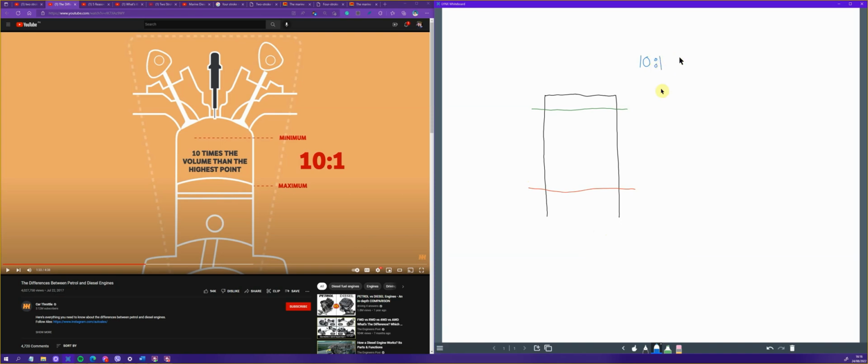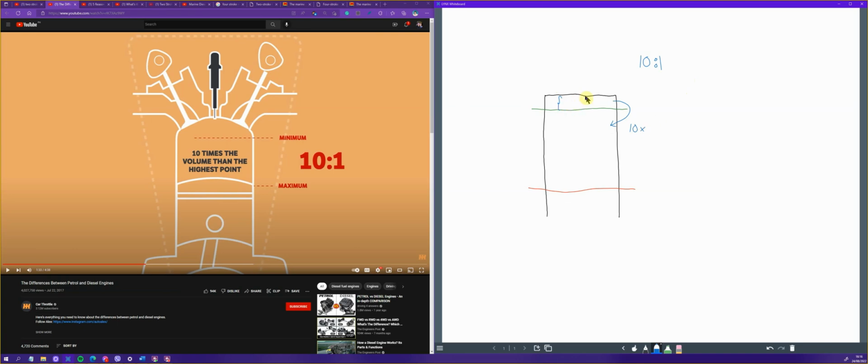10:1. Ibig sabihin, pag hinati mo to sa 10, etong nakikita nyong space na yan, ito yung minimum. Hanggang dyan lang siya. Kasi you need to make room for injection ng fuel mo. So, itong size na ito, this would be 10 times of that.